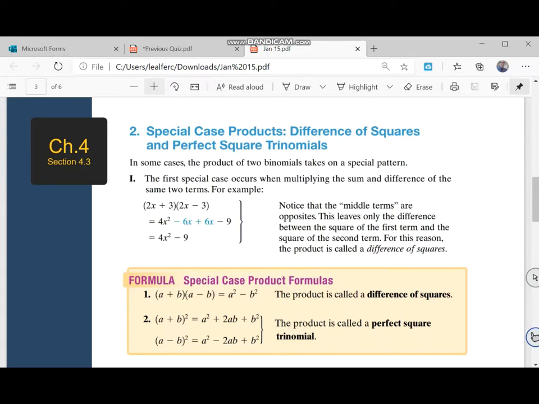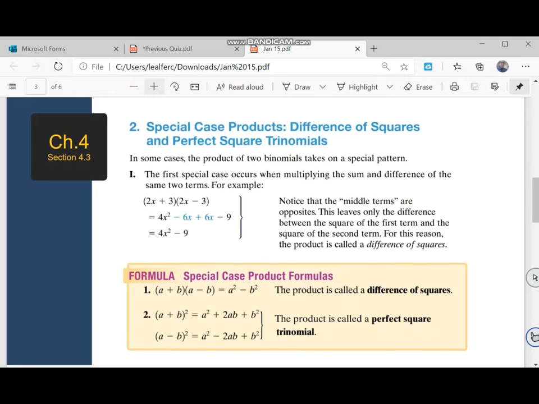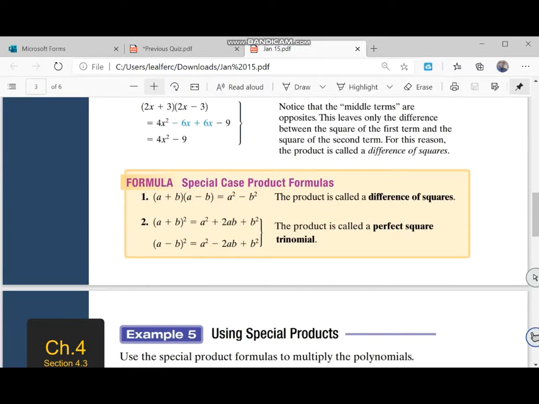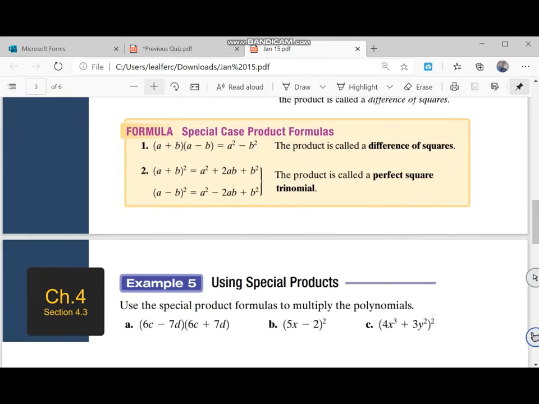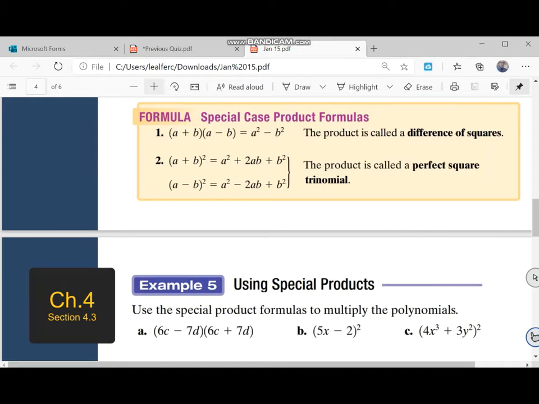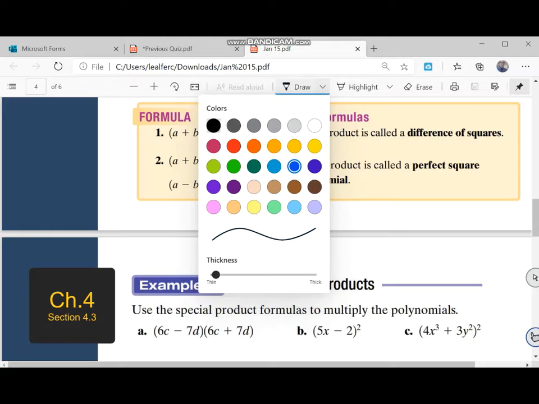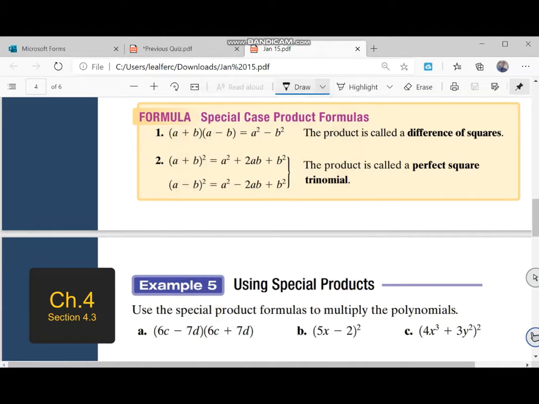Let's skip this explanation here and go straight to the formula. We have some special cases here. I want to change one thing real quick. We have case 1, case 2, and let's call this case 3.